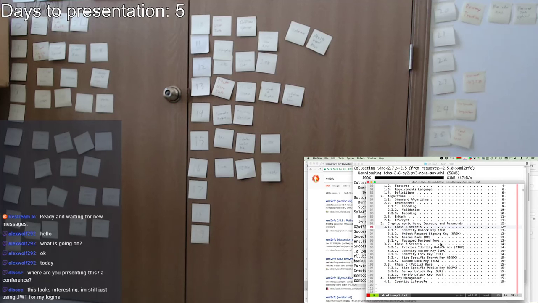Oh, interesting. Breakdown. Class A, Class B, Class C. Identity, okay, it is identity unlock key. Unlock request signing key. I don't remember exactly how that flows. Rescue code, obviously. Password derived keys.